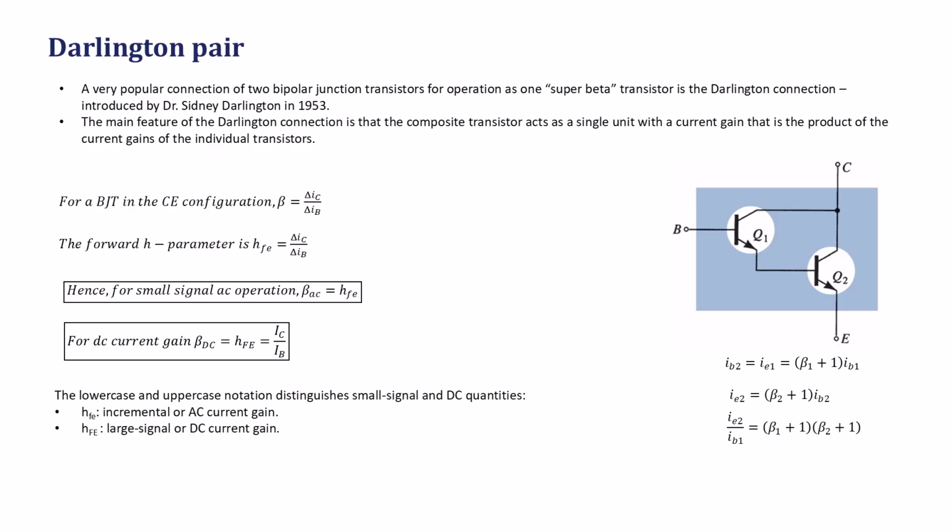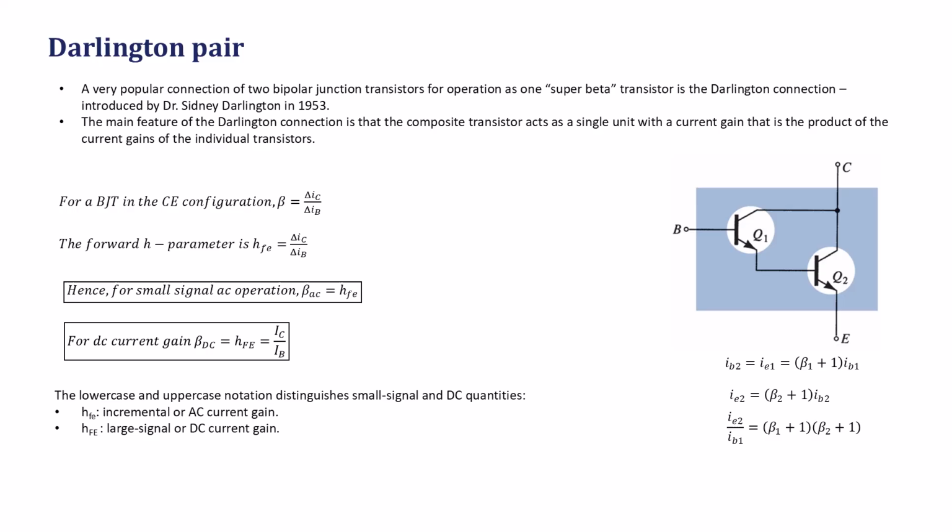So for small signal AC operation, beta AC equals hfe. For DC current gain, we use beta DC, which equals hFE equals IC over IB. Notice the lowercase and uppercase notation distinguishes small signal from DC quantities. Lowercase hfe is the incremental or AC current gain, while uppercase hFE is the large signal or DC current gain.